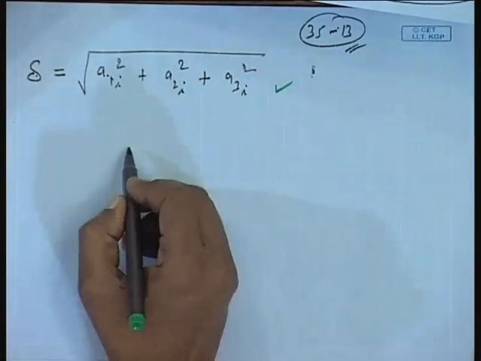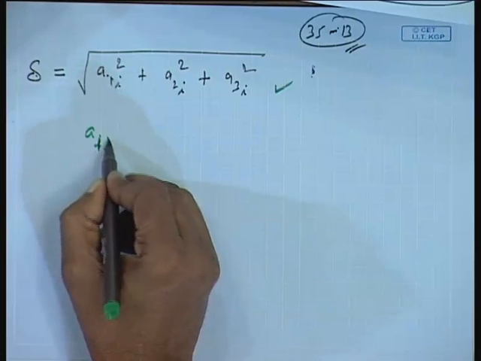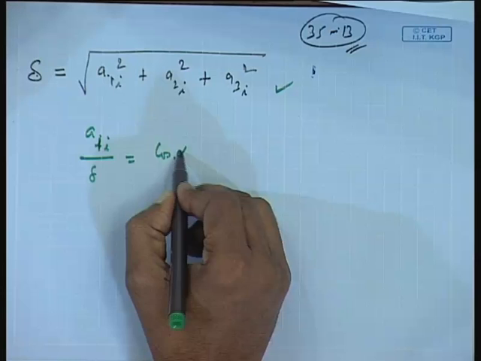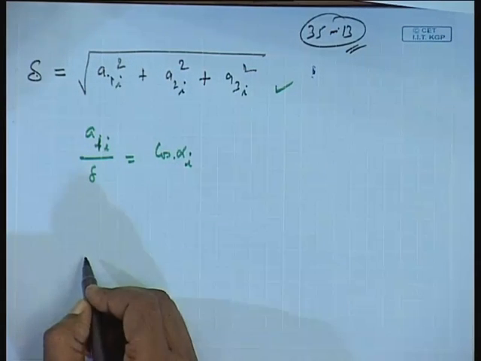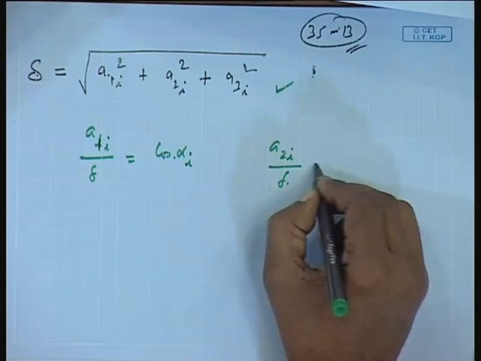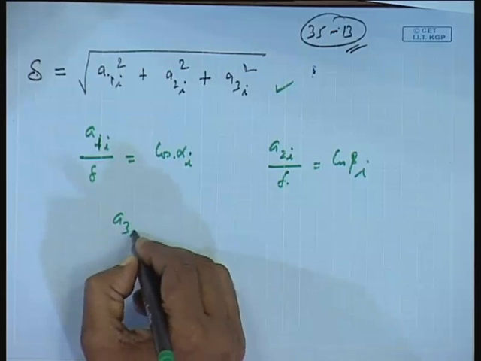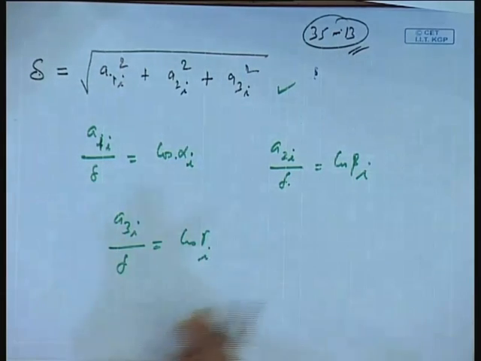So, this delta we are using, and if we divide A1i by delta, this we can write as cos alpha i. Similarly, A2i divided by delta we can write as cos beta i, and A3i divided by delta, this we can write as cos gamma i.